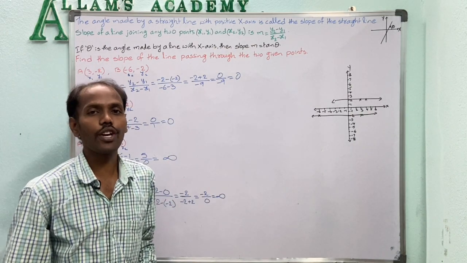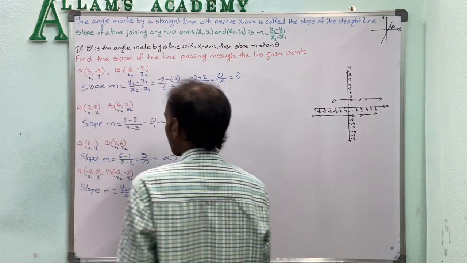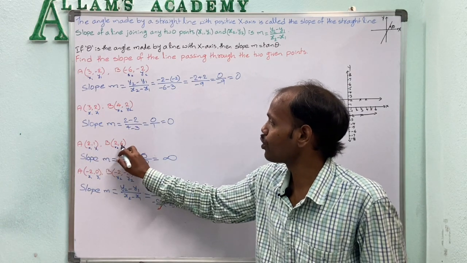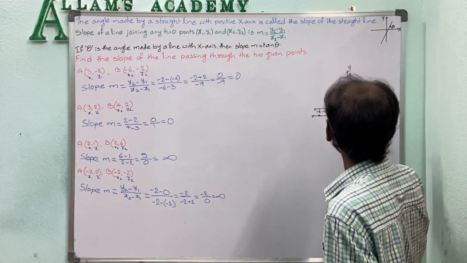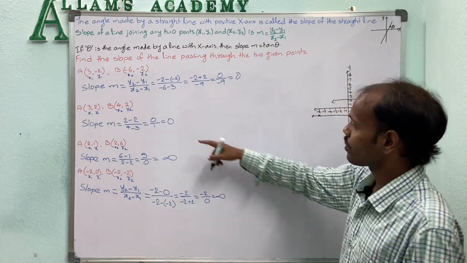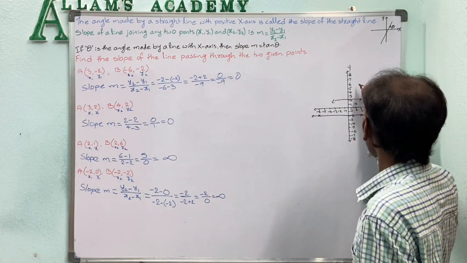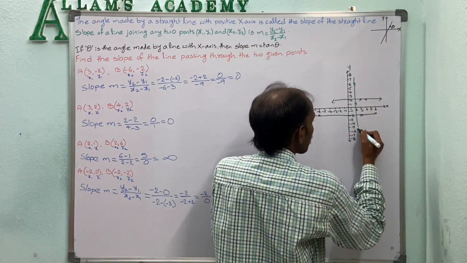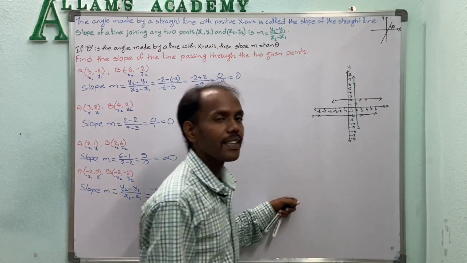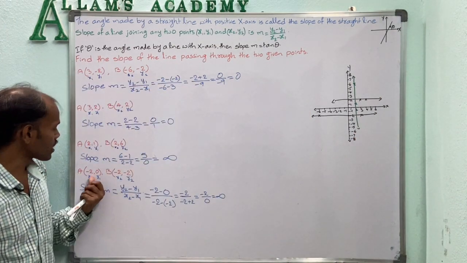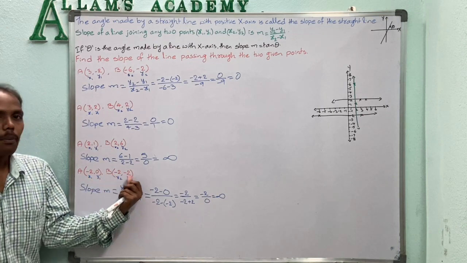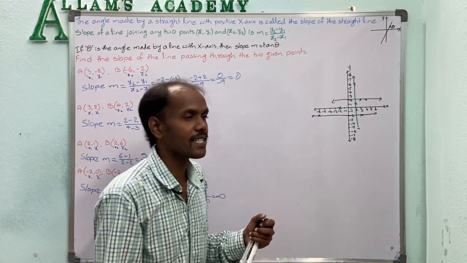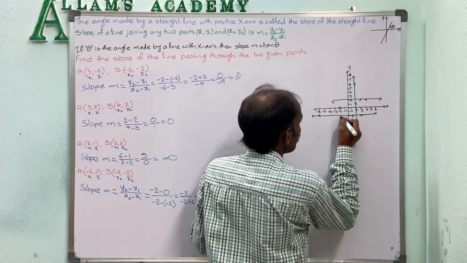The slope is 0. Now if we observe the next 2 lines, the first one has the points 2 comma 1 and 2 comma 6 given. If these points are joined, we get a straight line. And another straight line is given by the points minus 2 comma 0 and minus 2 comma minus 2. So minus 2 comma 0 is on the x axis and minus 2 comma minus 2 is here.